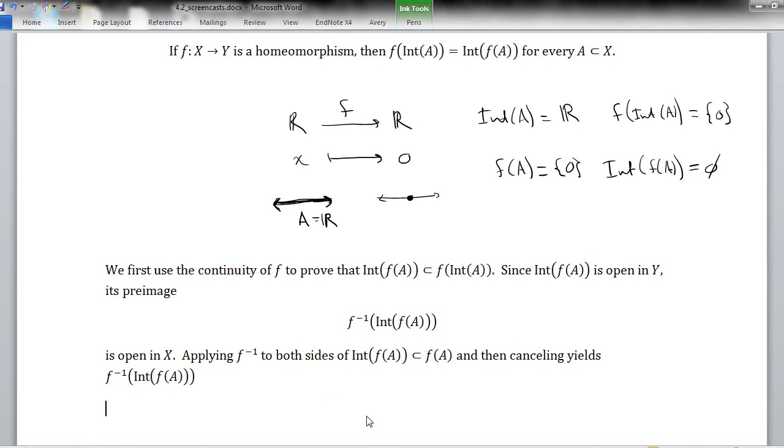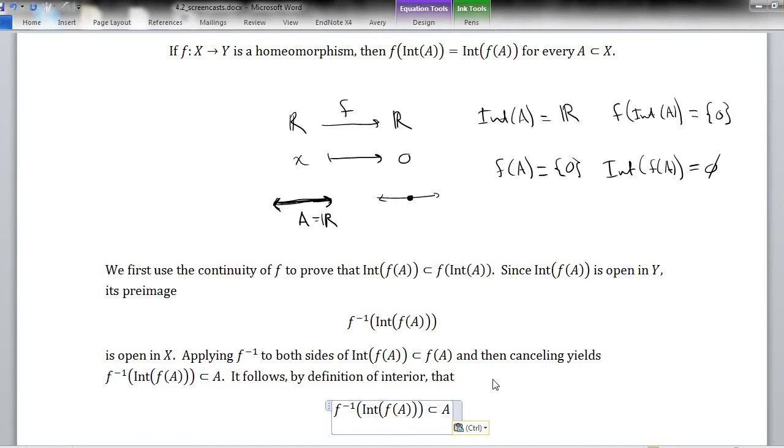And applying f inverse to the right side gives us f inverse of f of A, and that cancels to A. So this set is definitely a subset of A, and it's open, and therefore it's contained in the interior, because the interior is the union of all such open sets contained in A. So it follows, by definition of interior, that this is a subset of the interior of A.